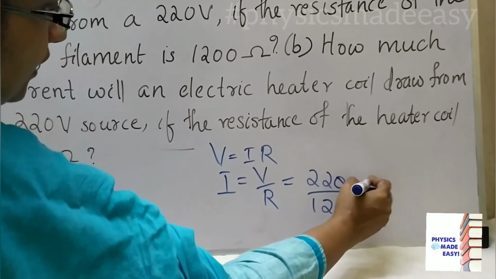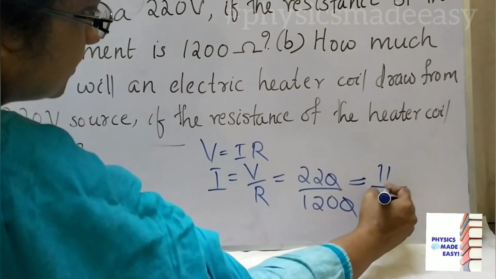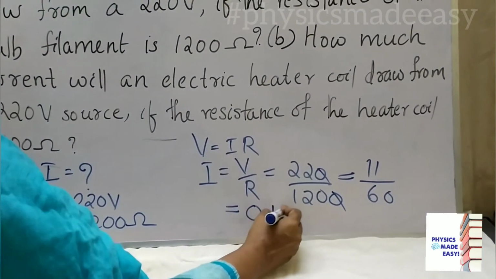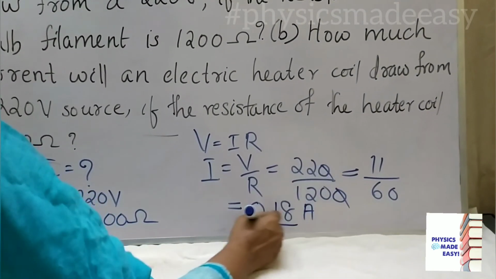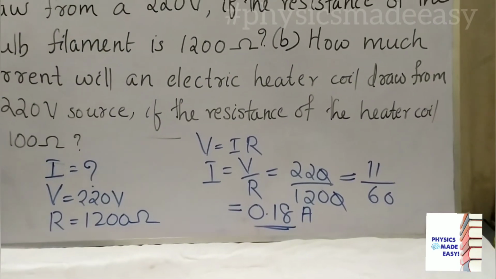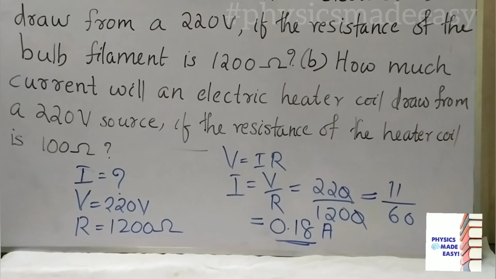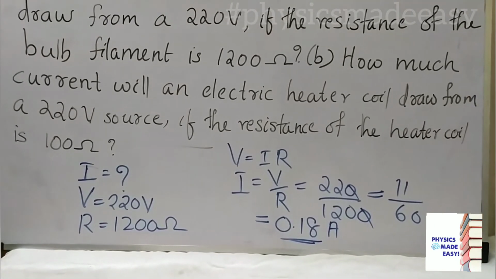Here 11 divided by 60 will be there. Then you will get this answer as 0.18 ampere. That unit is very important. I is equal to V by R. You will get the value as 0.18 ampere.